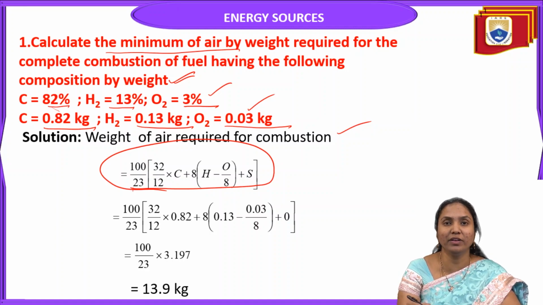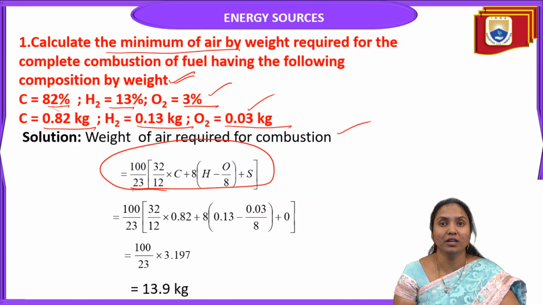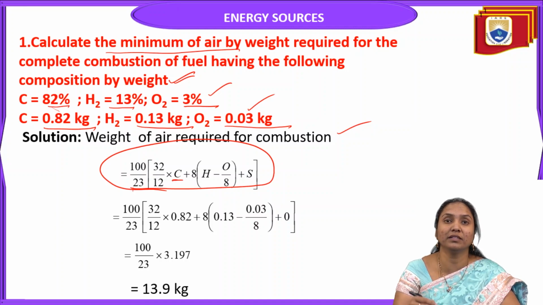What is the meaning here? We already discussed it in previous classes. What is the meaning of 32 by 12? 12 kilograms of carbon requires 32 kilograms of oxygen. And here carbon means the percentage of carbon present in that fuel.